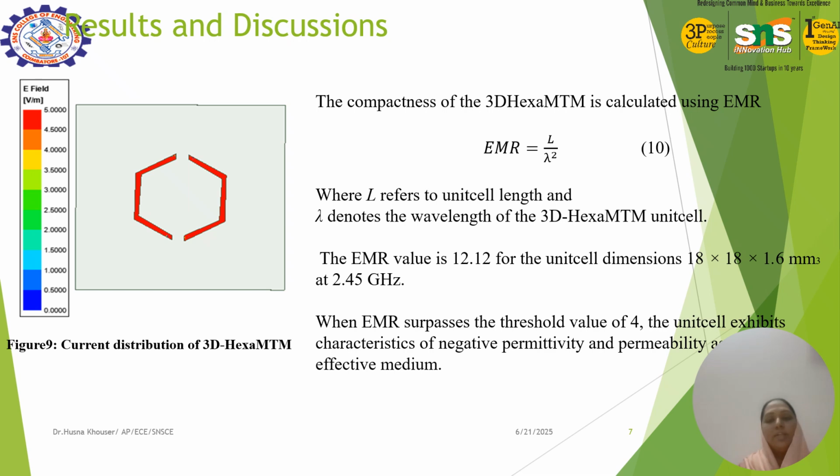Ideally, if the EMR value is greater than the threshold of 4, the unit cell exhibits negative permittivity, permeability, and negative refractive index. When the EMR value is greater than 4, it means our structure has achieved compactness in the metamaterial.